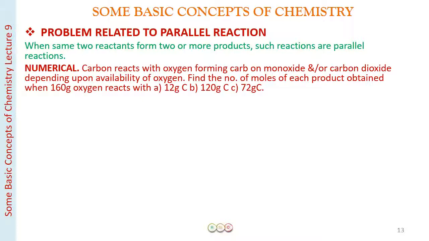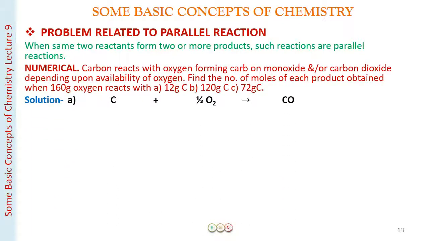So here when carbon reacts with oxygen, when the oxygen is less, it is going to be carbon monoxide, and when you have more oxygen, then that carbon monoxide is going to further react with oxygen to form carbon dioxide. So let us see how we solve this question.